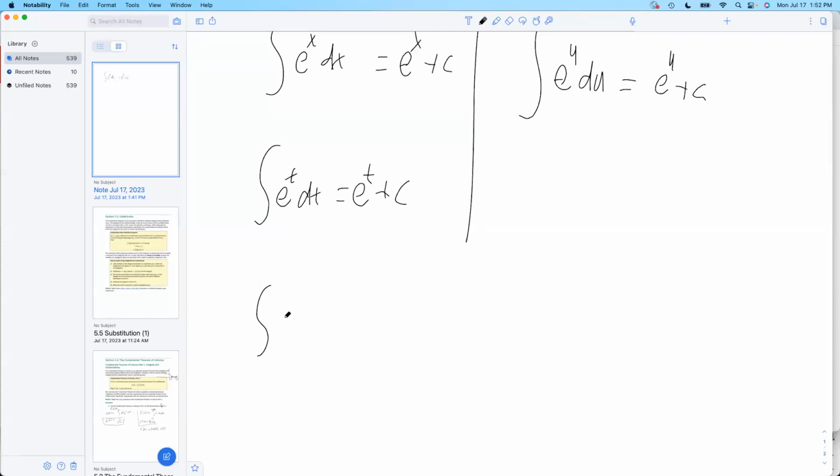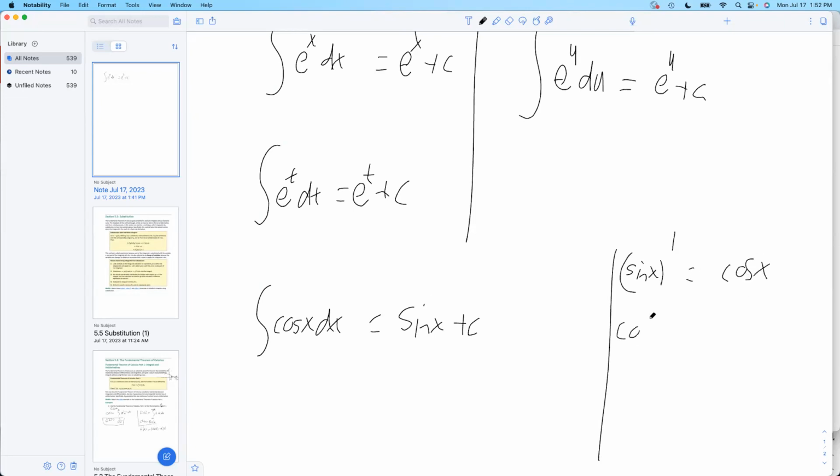The antiderivative of cosine of x dx is sine of x plus c. So you got to keep in mind, let's write our derivatives over here. The derivative of sine is positive cosine.